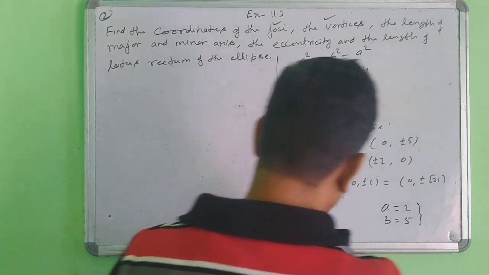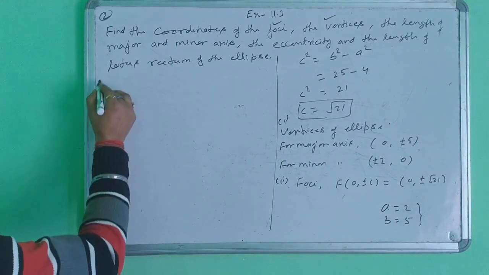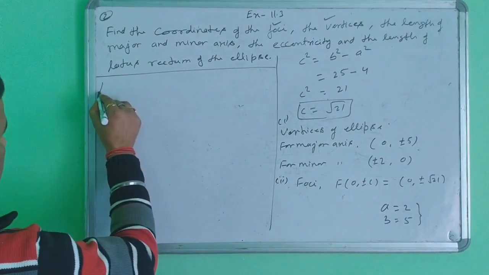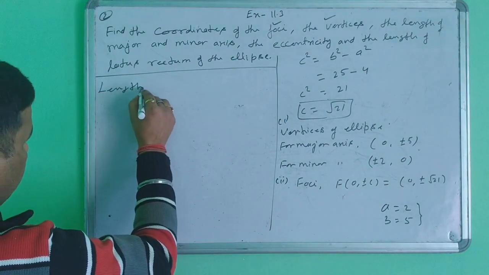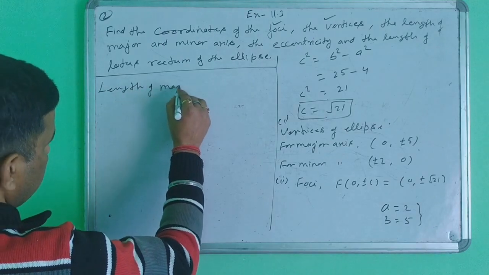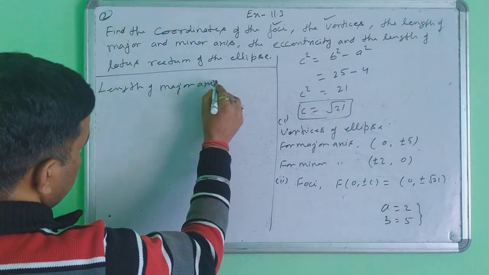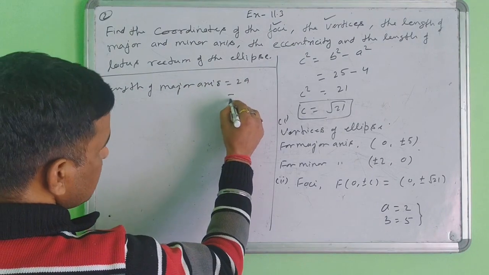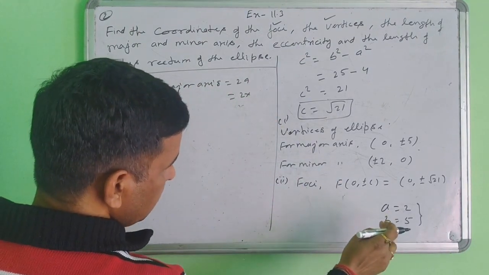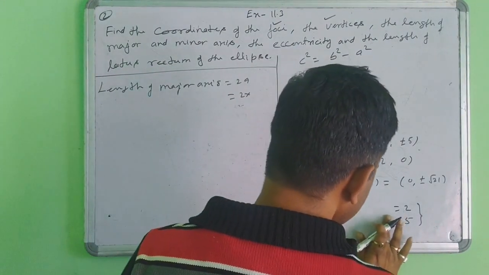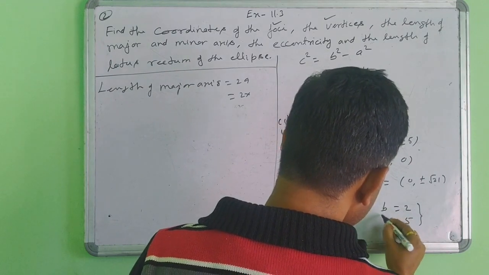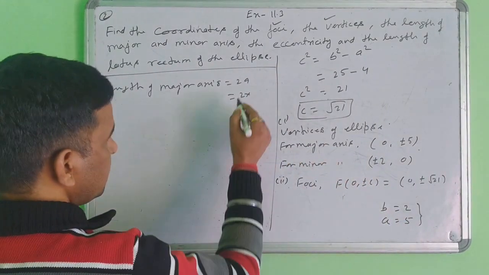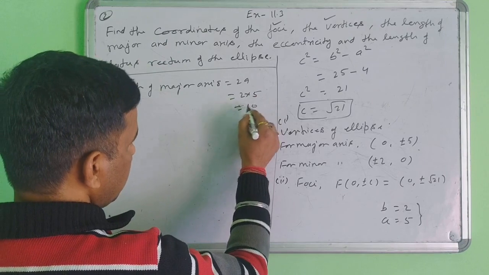This is given. The length of the major axis is always 2a, so 2 into 5 is equal to 10.